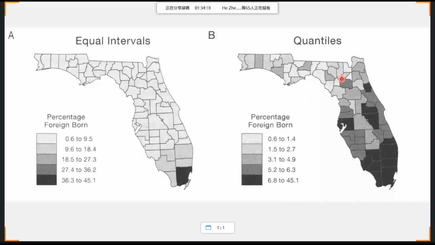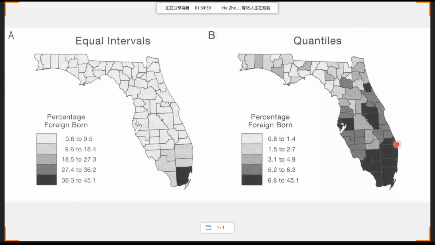Here, this is much better. So here you can better interpret a pattern. But you see another disadvantage. This county here has an outlier value, a very large value compared to all the others. And this is covered here.